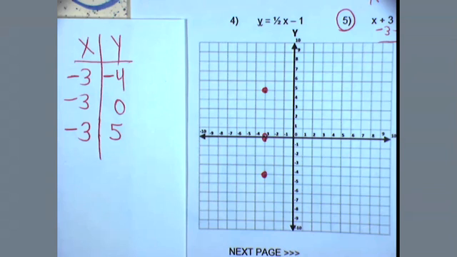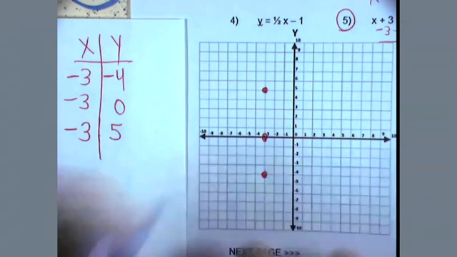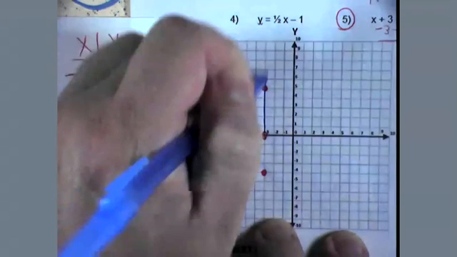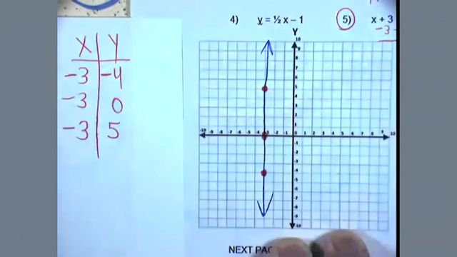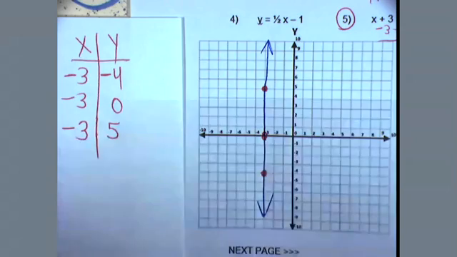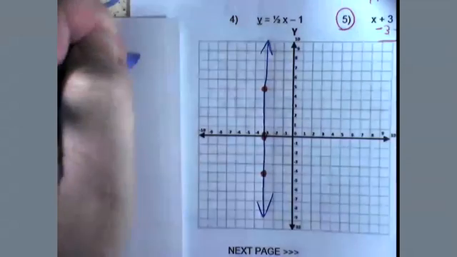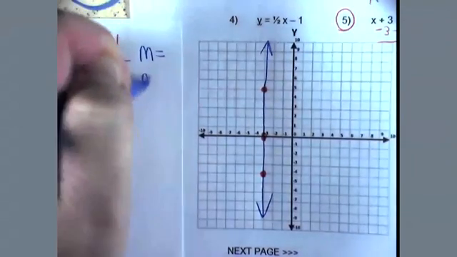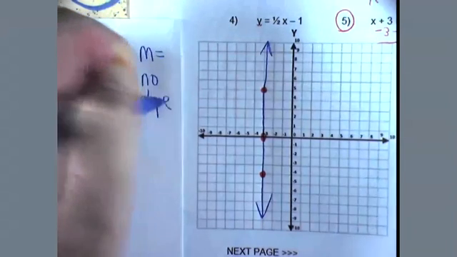All right, so when we connect the dots, we have a vertical line. If you're asked to find its slope, a vertical line has no slope.